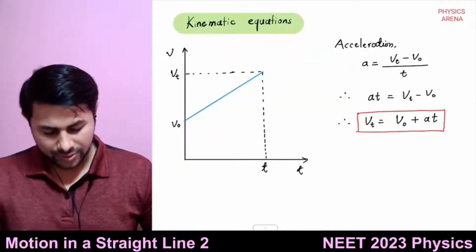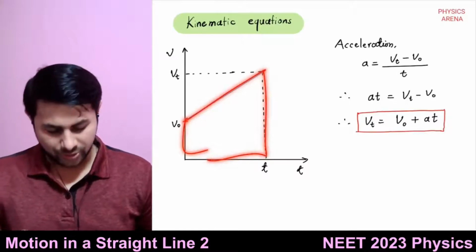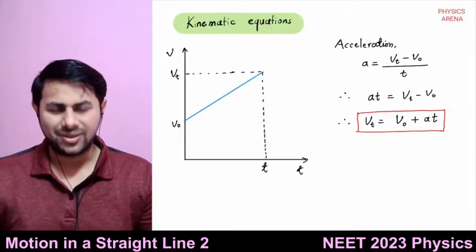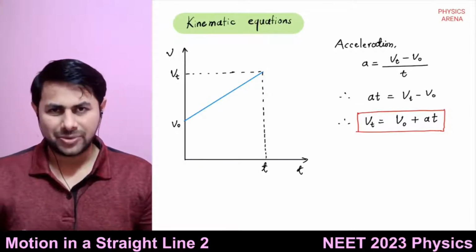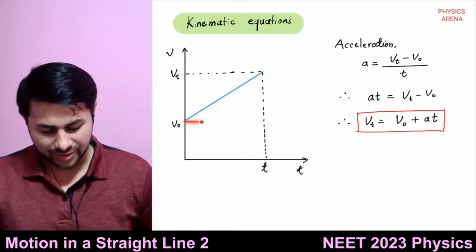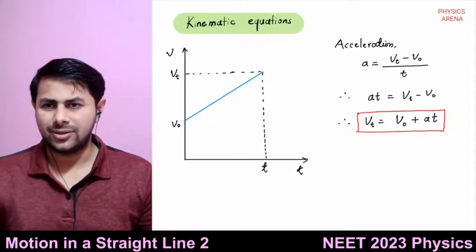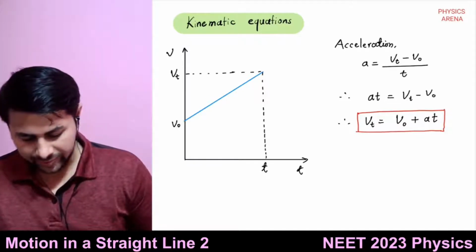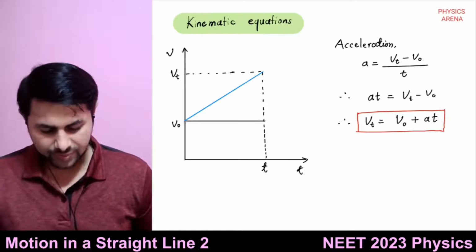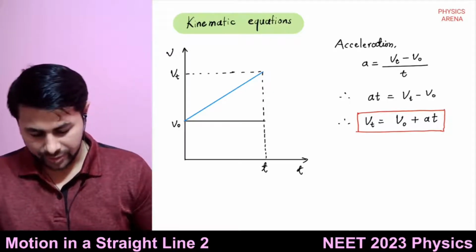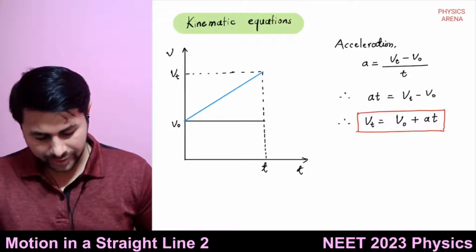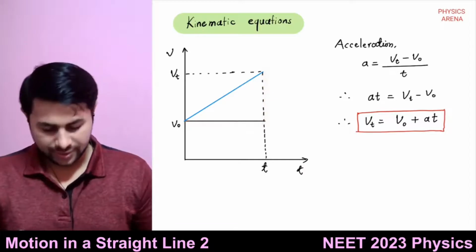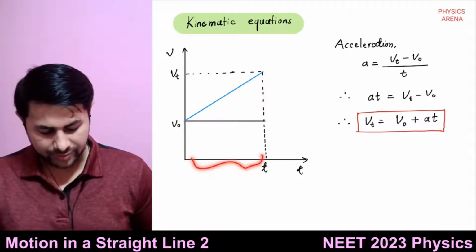Now I have drawn that same diagram over here. Here we can apply two ways of finding this area. The first is the area of a trapezoid, and the second is dividing this figure into a triangle and a rectangle. How much would be this length? This length is time, equal to t, we know.